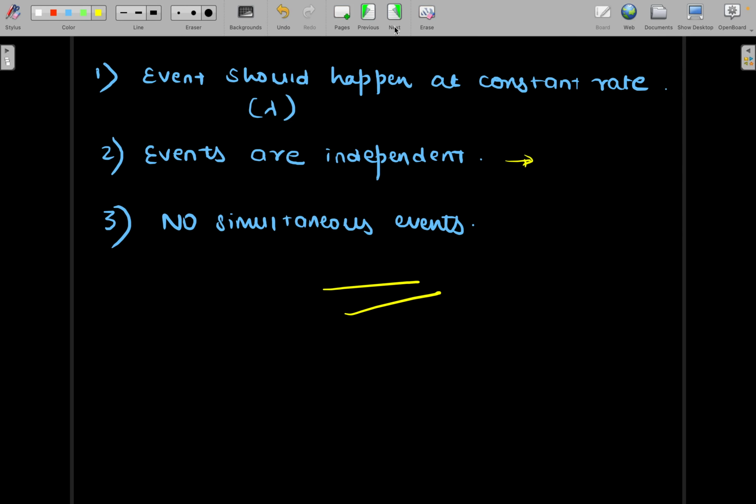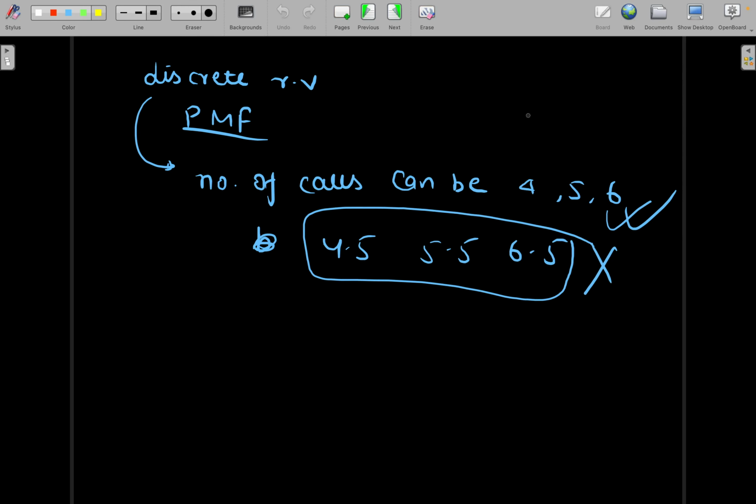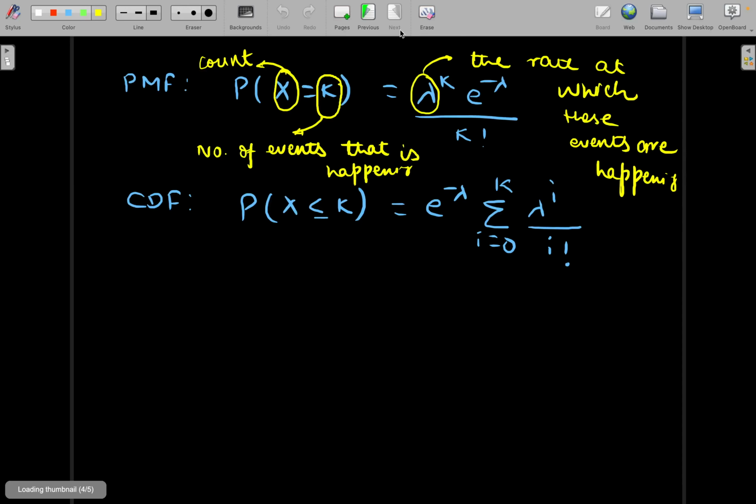As we can see, the mathematics associated with the Poisson distribution is a discrete random variable. Why is it discrete? Because you can't get the number of calls like 4.5, 5.5. You can get 4, 5 and 6. So here is the PMF, and this is the CDF of the Poisson distribution.